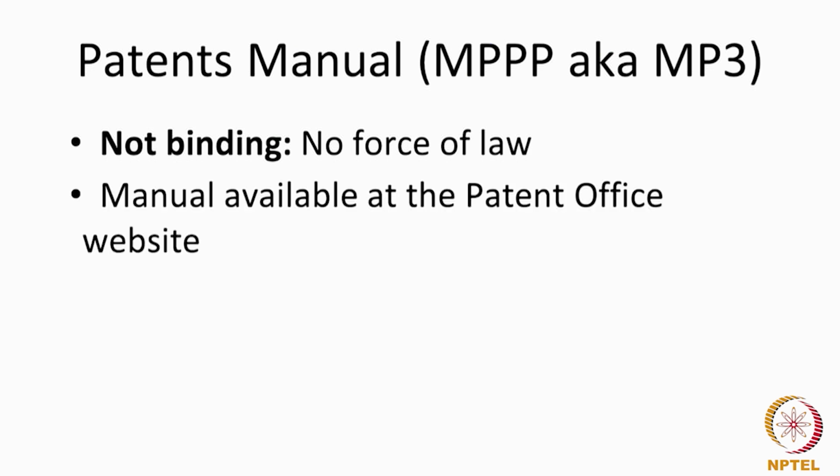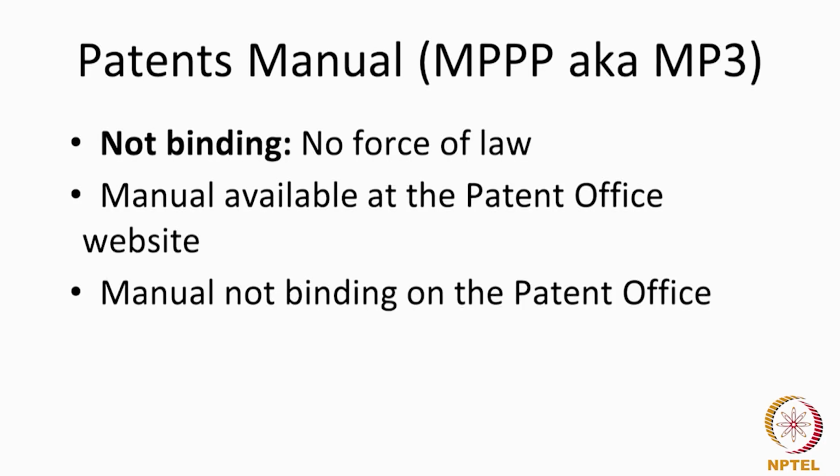It does not have the force of law. The manual at best can be regarded as guidelines on how the Patent Office operates, what the Patent Office procedures are, and the manual explicitly mentions that it is not binding on the Patent Office.